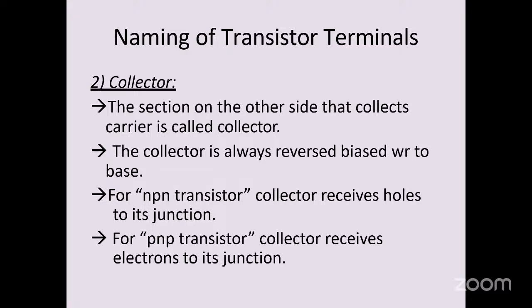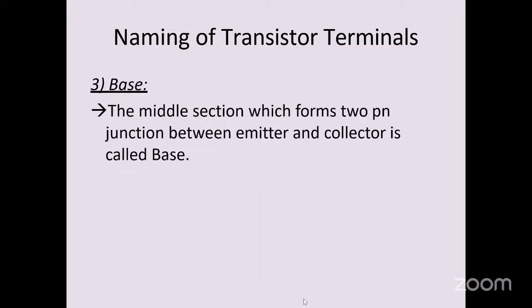In the NPN transistor, the collector receives the holes coming out from the base to its junction, whereas in the PNP transistor, the collector receives electrons coming out from the base. The middle portion, which is very thin between the two p-n junction diodes, is called the base.